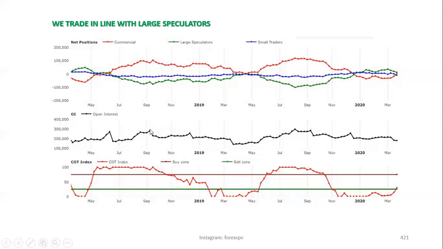Then we had an increase in open interest as the market did buy to this point, and then we had the market selling. As the market was selling, the open interest was also increasing. So the bear market was supported, and then eventually it reached that multi-year maximum again.